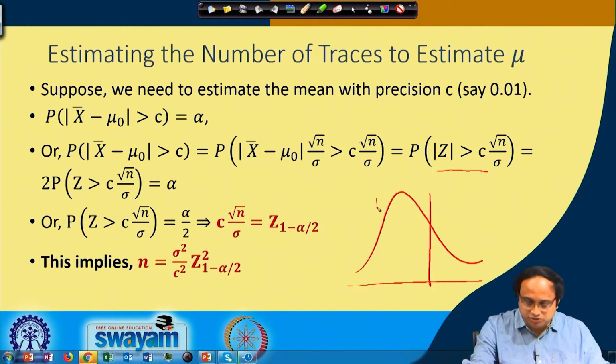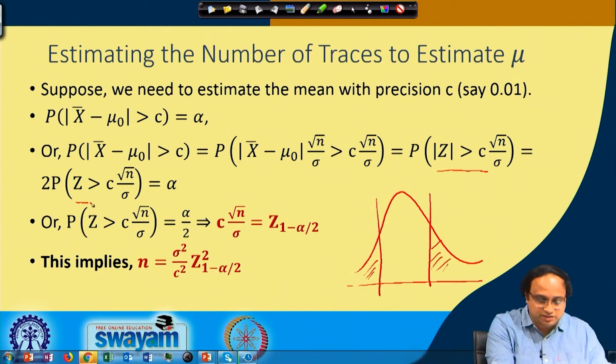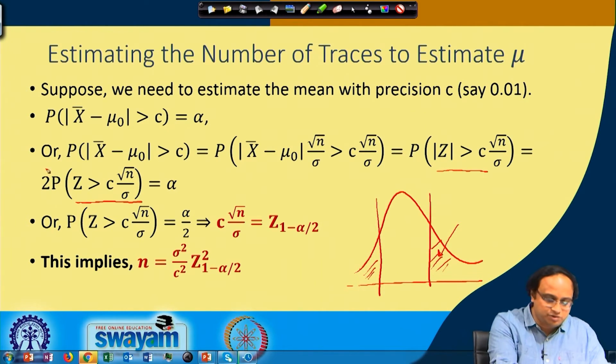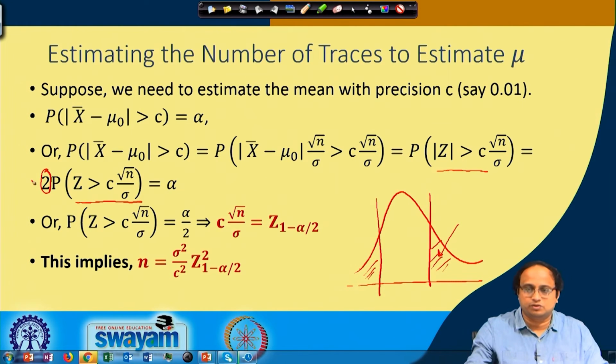So, you are bothered about both these regions, this region as well as this region, because the absolute value is important. When you write that z is greater than this, you are only writing this region. In order to account for that, you bring in this factor of 2, and therefore write P of z greater than C square root of n by sigma is equal to alpha by 2.